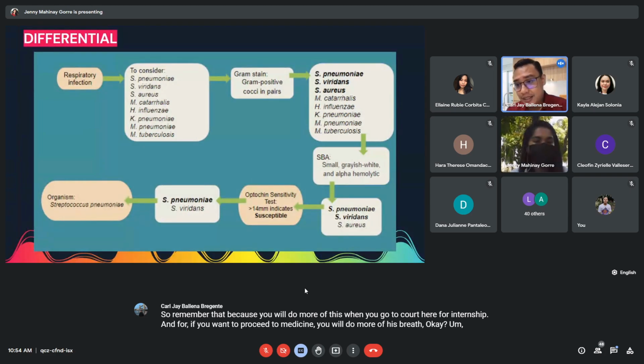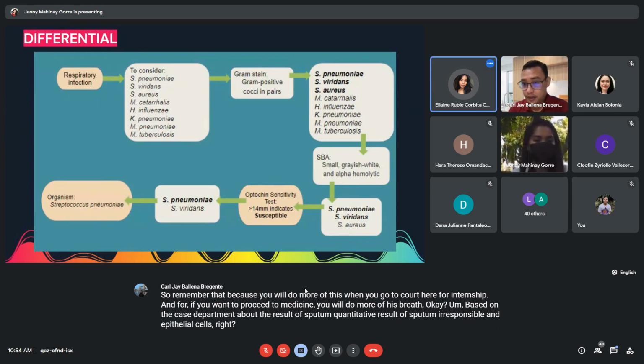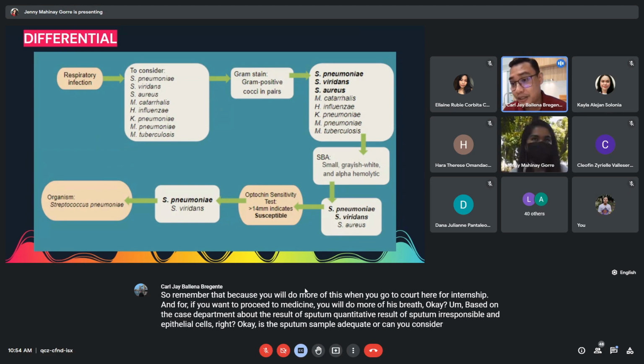Based on the case, it mentioned the result of sputum, the quantitative result of sputum, the pus cells and epithelial cells, right? Yes, sir. Okay. Is the sputum sample adequate, or can you consider this as an ideal sputum sample?